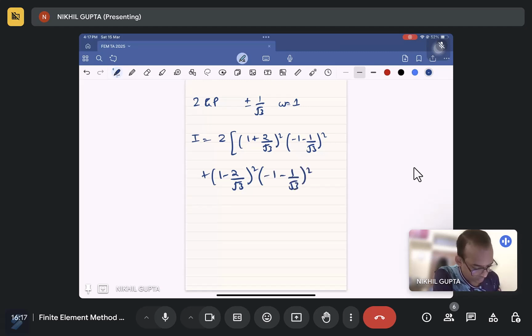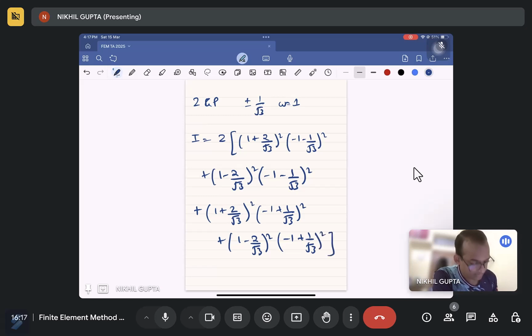This is S1 and we will do the same for S2 as well: (1 plus 2 by root 3) whole square minus (1 plus 1 by root 3) whole square, plus (1 minus 2 by root 3) whole square minus (1 plus 1 by root 3) whole square.